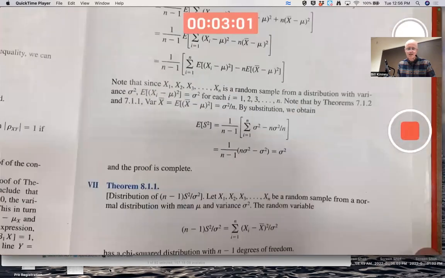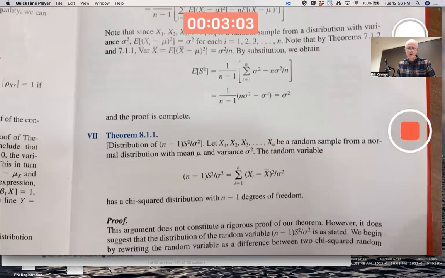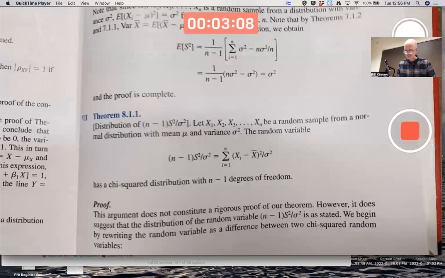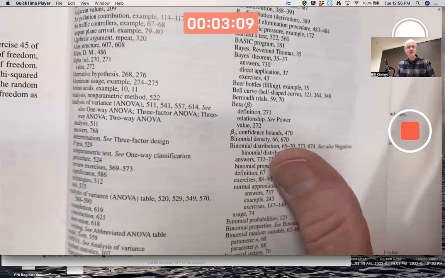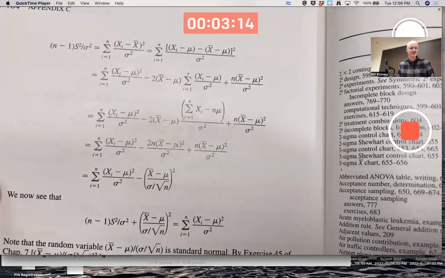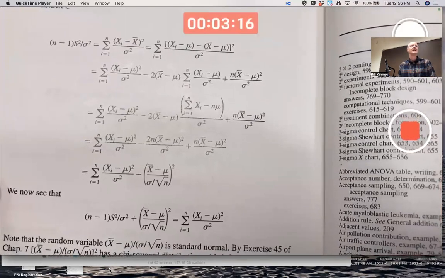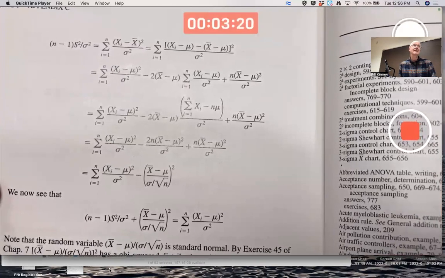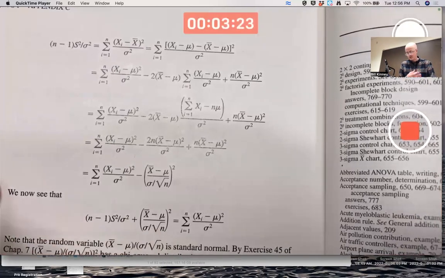Page 783, 784. There's the theorem. Here's the proof. Oh, just four lines? Oh, no. The proof goes onto the entire next page. Almost. Yeah, we'll skip that. For class, at least. Another weekend project is to go through that and make sure you understand it.